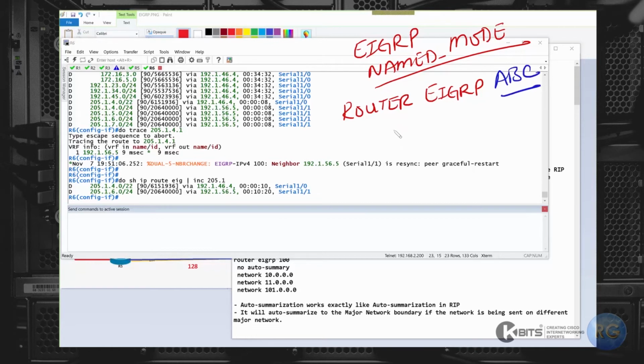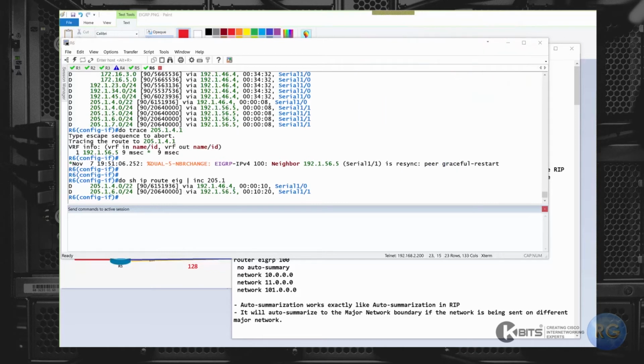And underneath it, I have the ability to run IPv4, IPv6. If I want to run it for a different family, like MPLS, I have the ability to do that. You guys understand that? That's the new way of doing it. Multicast, everything. It's basically a one-stop shop for EIGRP.